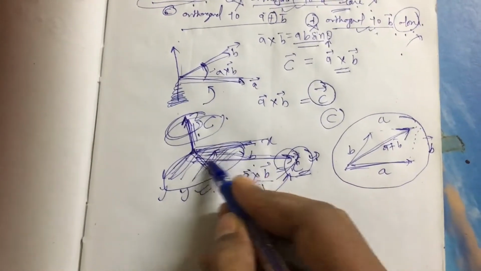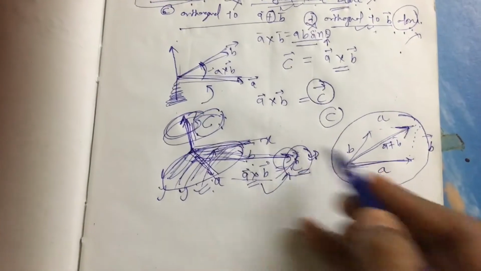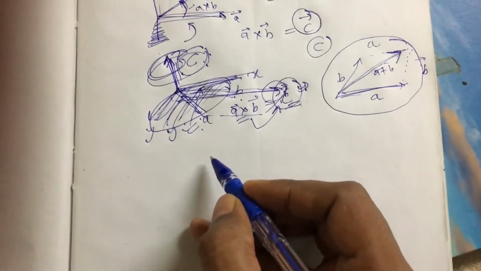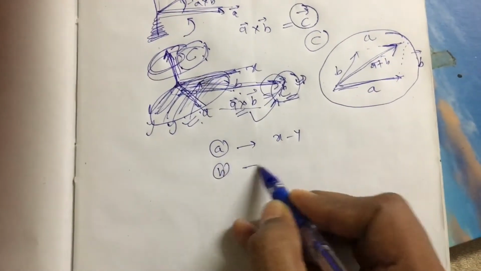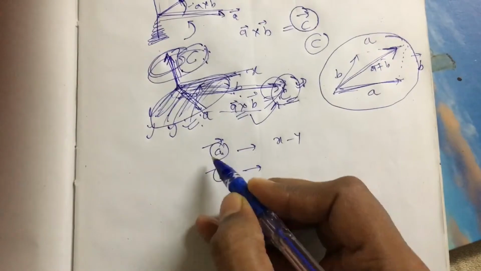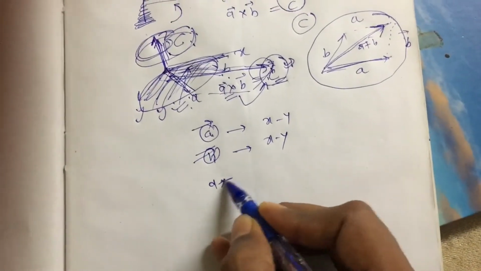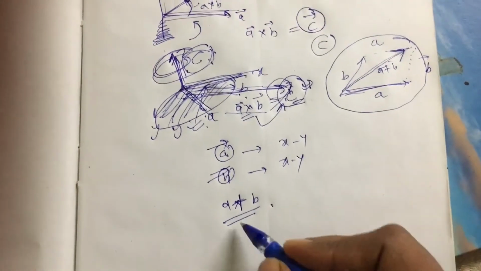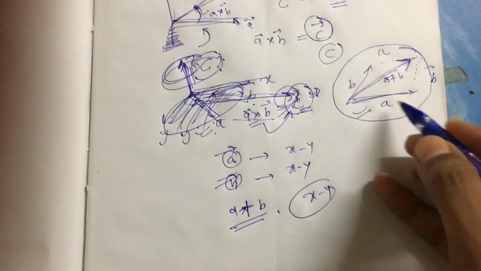Make sure whatever vectors come in the xy plane, C will be perpendicular to everyone. So the main logic here, they may ask a question here. Vector A lies in the xy plane. Vector B, vector A, they are not options, they are vectors. Vector B lies again in the xy plane. Then vector A plus B will be in which plane? This can be a new question. So A plus B will be in the same xy plane, right? Why? Because of the parallelogram. You can see.